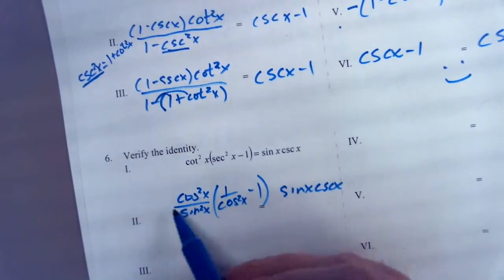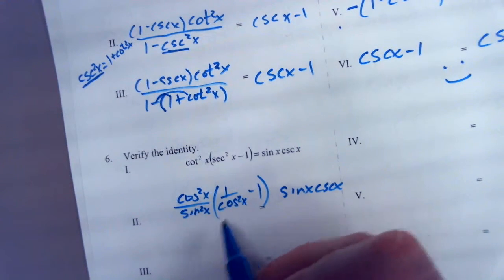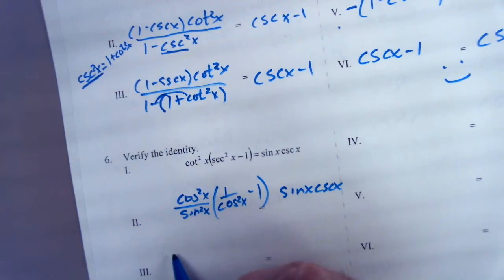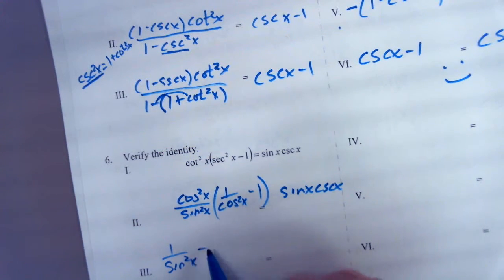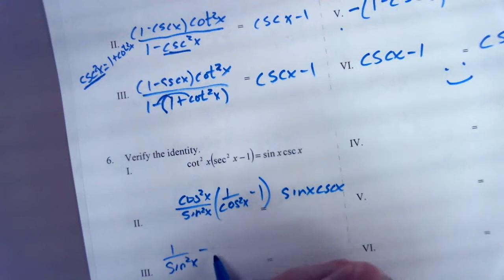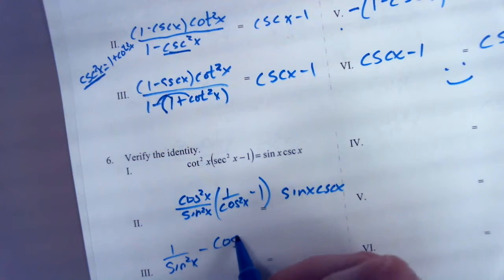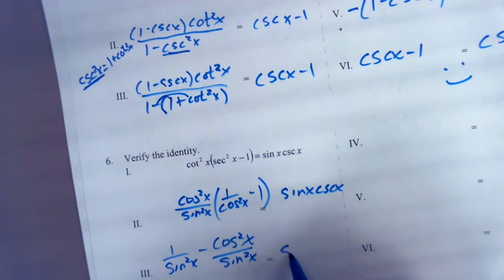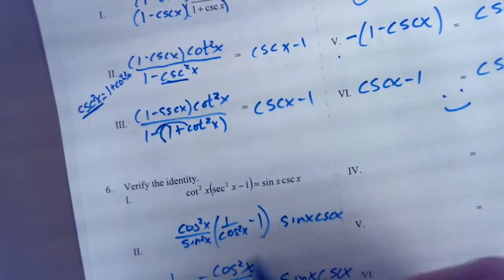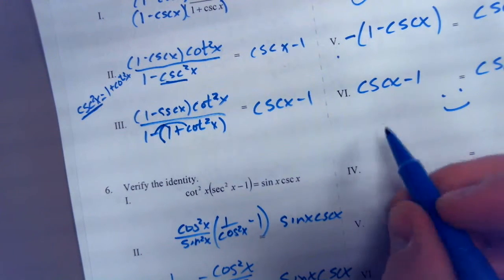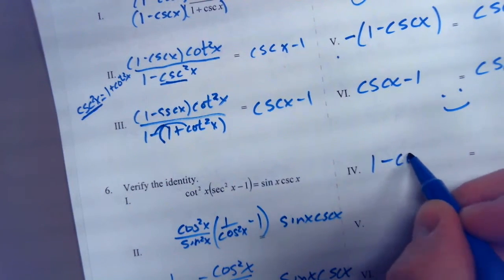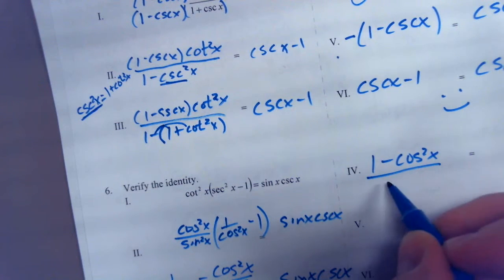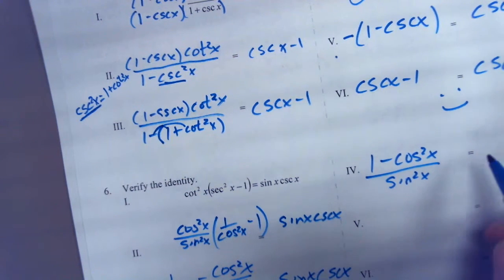When I do some simplifying, the cosine times the 1 over the cosine is going to go away, and I'm going to have 1 over the sine squared minus the 1, nothing's going to go away, so I have cosine squared x over the sine squared x. If I move it up top and write it as a common denominator, I get 1 minus the cosine squared x all over the sine squared x.